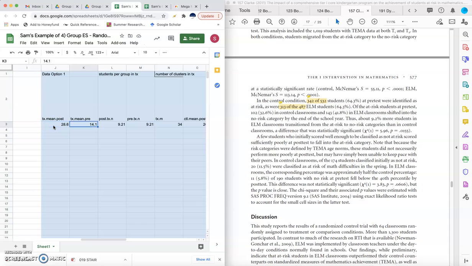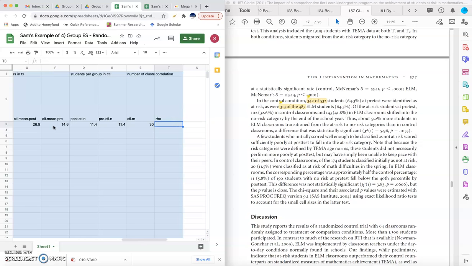So I'm going to double check, and I have my means, I have the number of clusters, I have the number of students per cluster, and this is the last thing that we're going to look for. And if we thought the pre-test post-test correlation was rare, the rho, or ICC, I can put it up here, is like super rare.